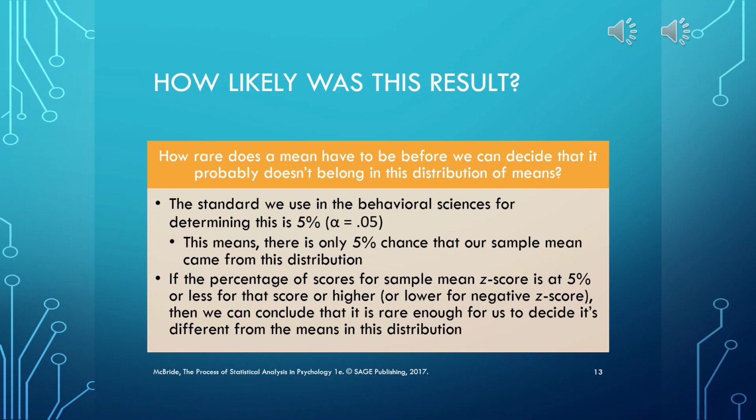In other words, if the sample mean that we are obtaining only has a 5% chance to even be found on this null distribution, then it's probably from a different distribution, because it'd be incredibly unlikely that we would find such an extreme value for the mean if in fact the null hypothesis was true, if there really was no relationship between the two variables or no difference between two means.